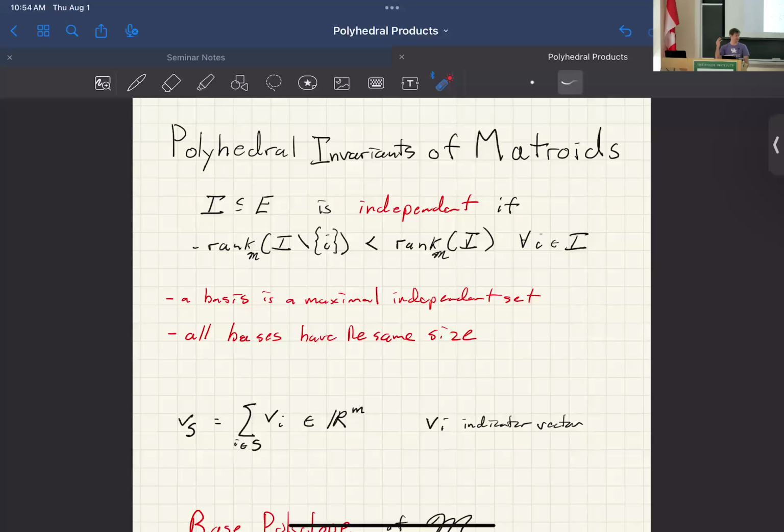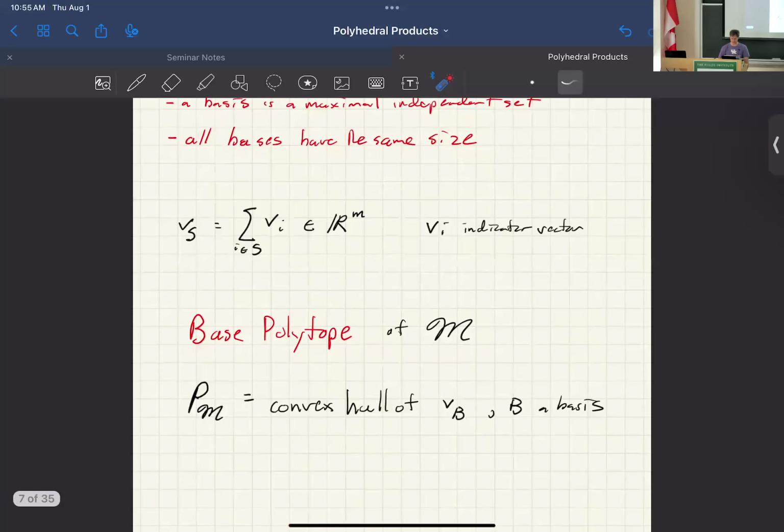So for any subset of the index set, we can form the indicator vector. We sum the fundamental basis vectors that come from that set. If we take the indicator vectors of bases and arrange them in space, and take their convex hull, we get a polytope. That polytope's vertices are precisely the basis vectors you started with.